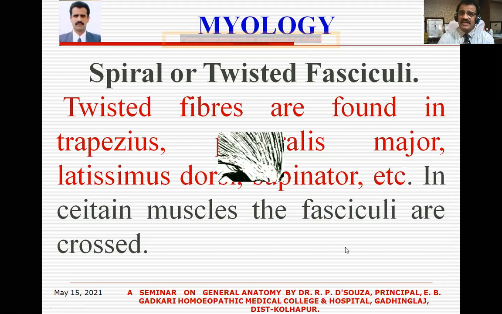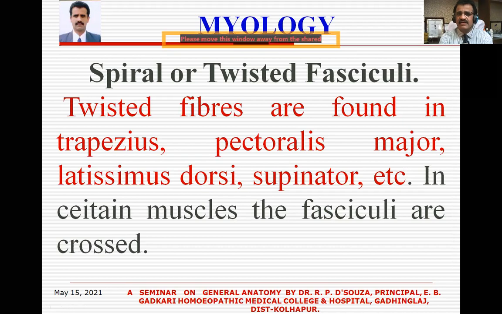Now we'll go to spiral or twisted fasciculi. These are actually rare, and are found in the pectoralis major muscle, because it gets twisted from the thorax, the anterior wall of the chest, and goes to the arm. So it has to take a turn in the fold of the axilla.